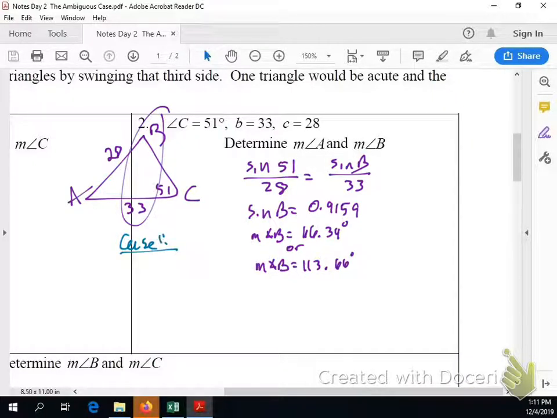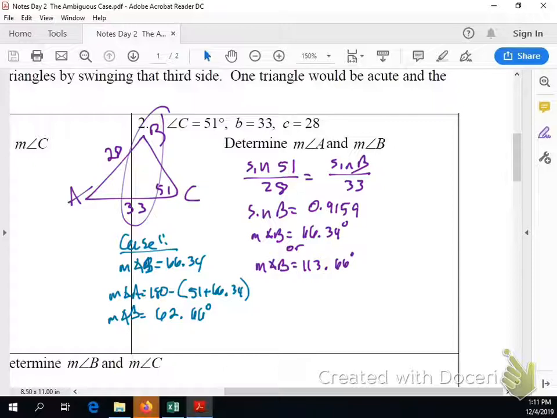We have to think about the fact that the measure of angle B might be 66.34, and if so, then the measure of angle A we're going to get by just taking 180 minus 51 plus 66.34, which will give us 62.66 degrees for the measure of angle A.